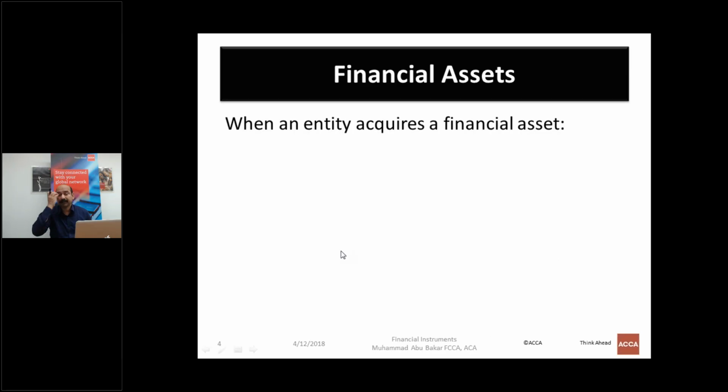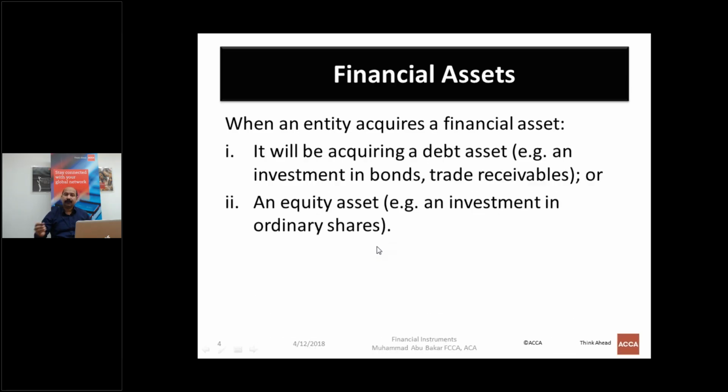See, we know that financial assets could be like debt instrument or debt asset, or it could be equity asset. If you have invested, if you have extended a loan to another party, then this is your asset because this is your investment.